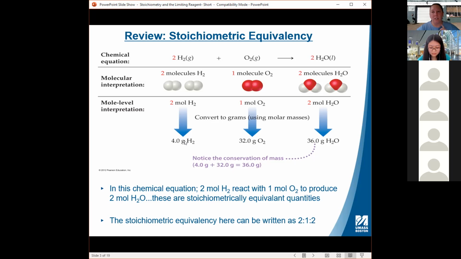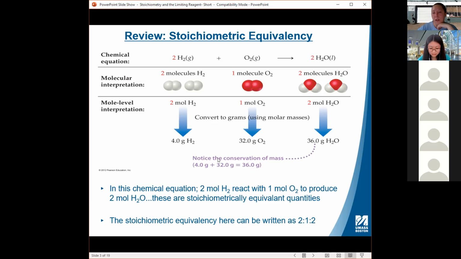But I do want to point out that based on the law of conservation of mass, 4 grams plus 32 grams does equal 36.